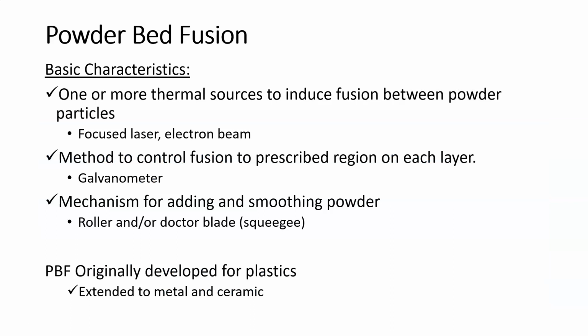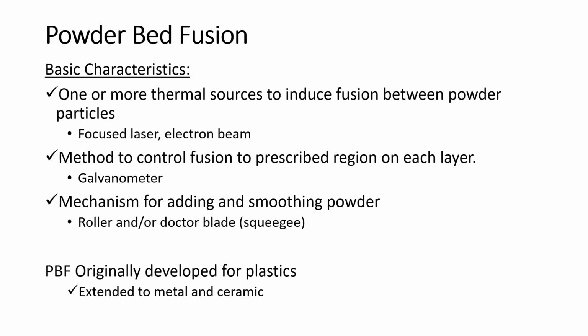Okay. So what basically do all these processes have in common? So we have one or more thermal sources to induce fusion between the powder particles, and that can be either a focused laser or an electron beam. We have a method to control the fusion to the prescribed region on each layer, right? So that means we need to direct that laser into the specific outline of the part on that layer.